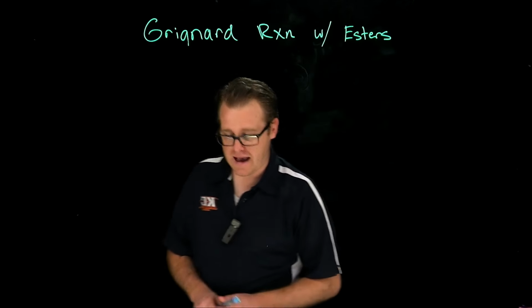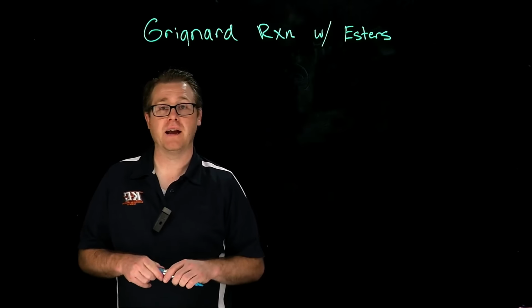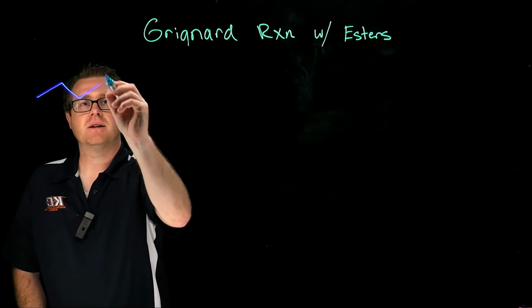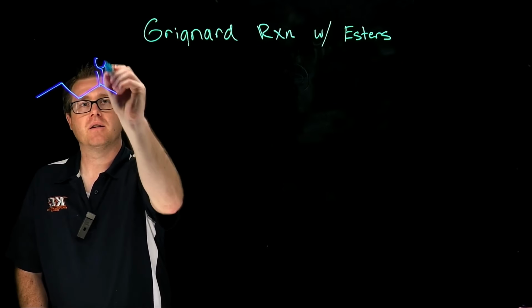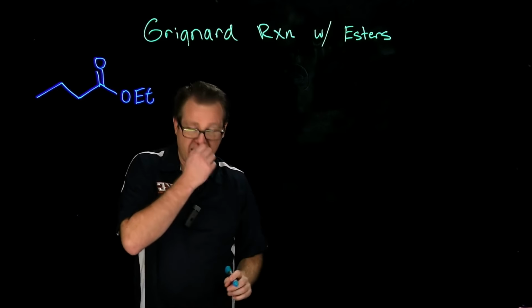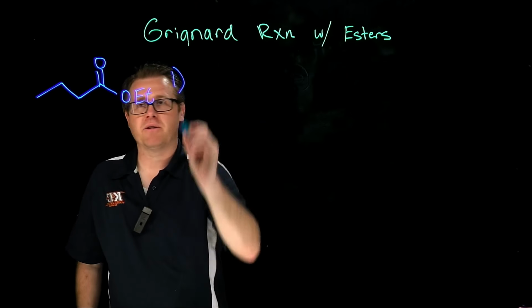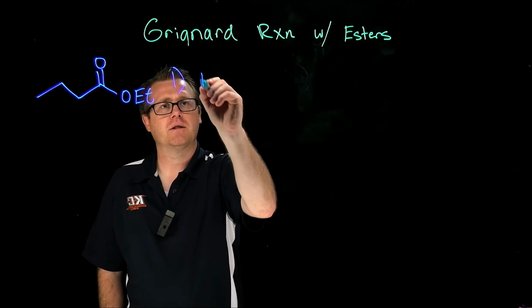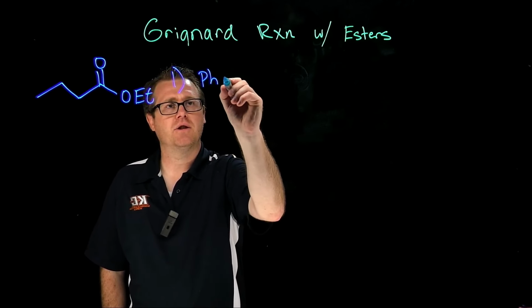Now let's take a look at a reaction of a Grignard reagent with an ester. So let's draw ourselves an ester here, like so. And what type of Grignard reagent do I want to use here? Let's do this one.